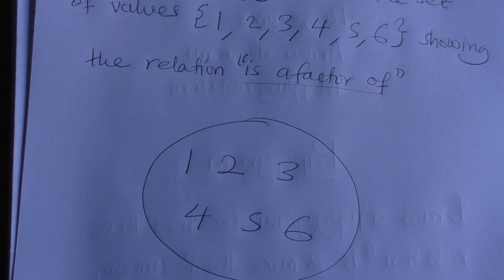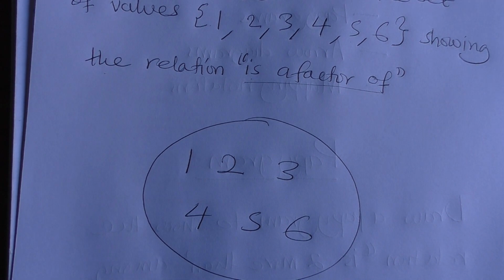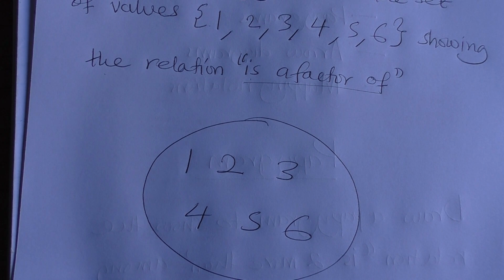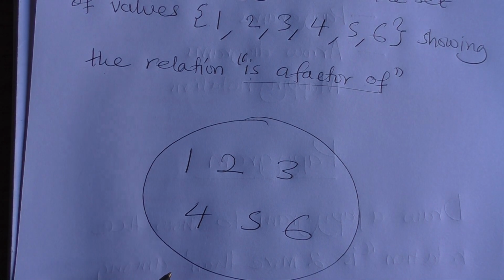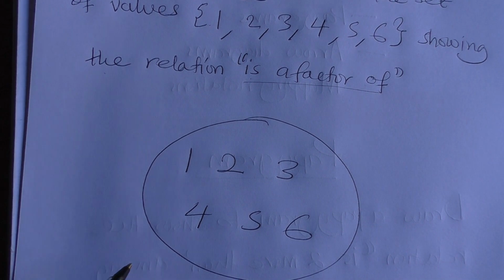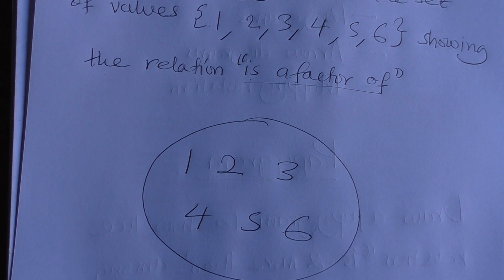However, you must understand the phrase a factor of. I'll explain this in a simple way. A factor of a number is a number that you multiply with other natural numbers to get that particular number.